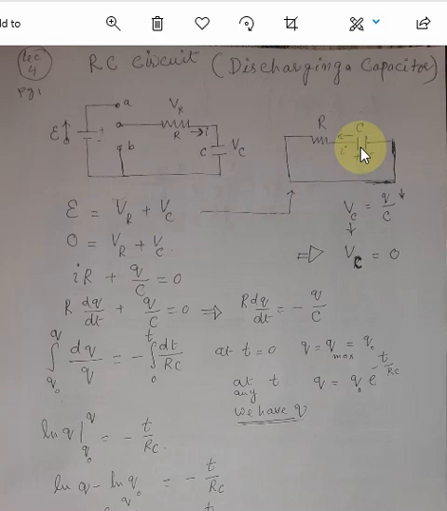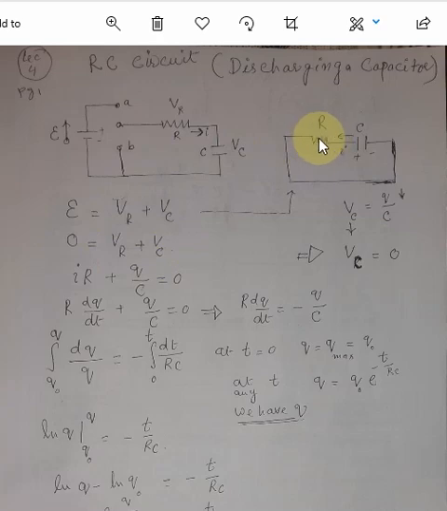Capacitor having capacitance C. Now since this E is disconnected over here, there is no source of EMF, so we must put this E equal to 0 in this equation, and we are left with this equation. Now what is this VR?